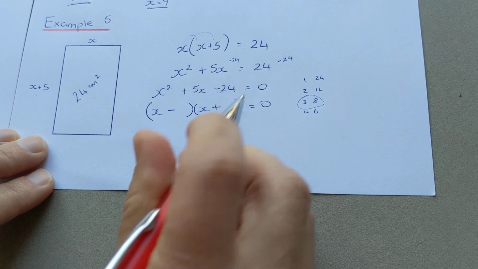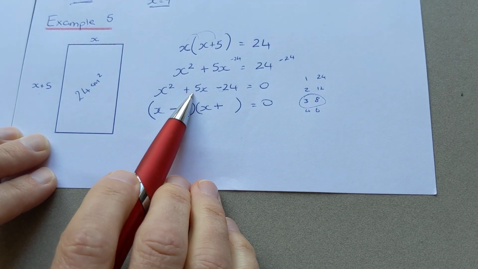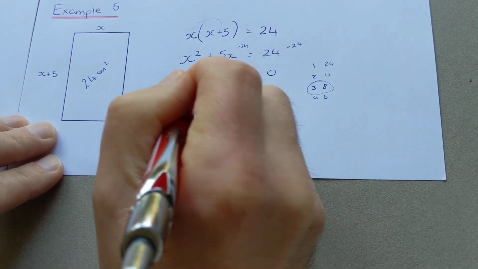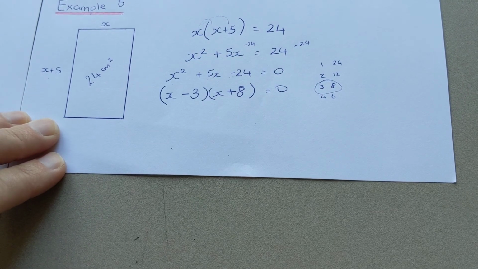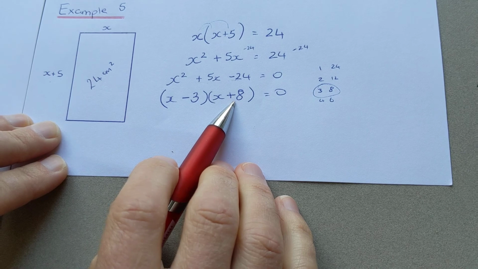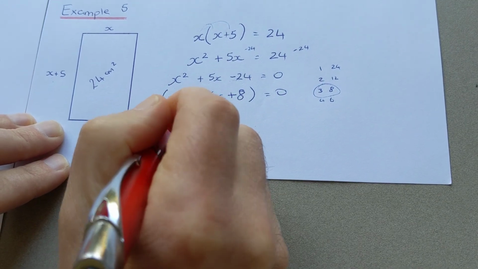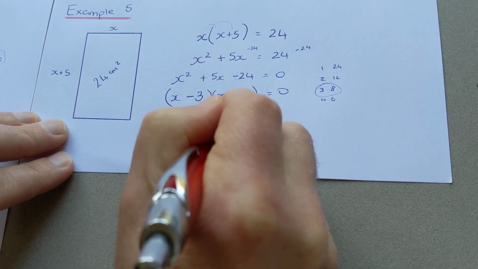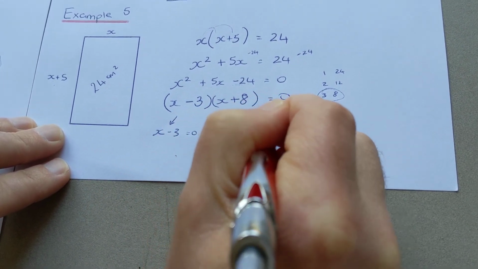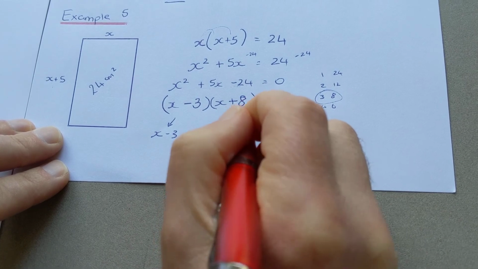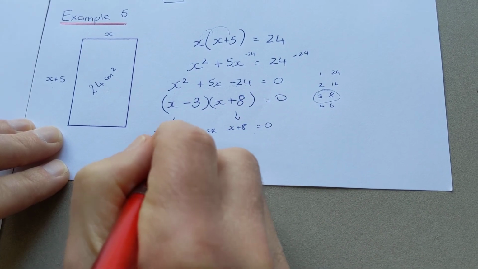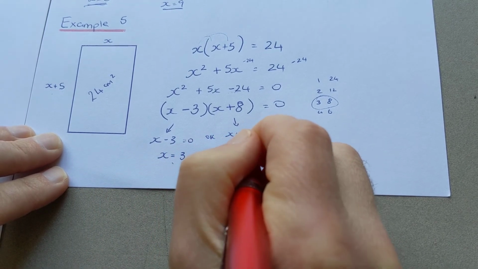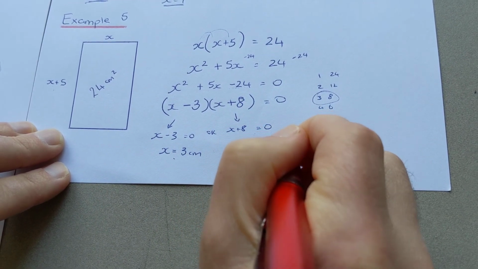They need to add together to make positive 5, so the bigger number has to be positive and the smaller number has to be negative. Now that means x minus 3 has to equal 0, or x plus 8 has to equal 0. That means that either x is 3 centimetres or x equals negative 8 centimetres.